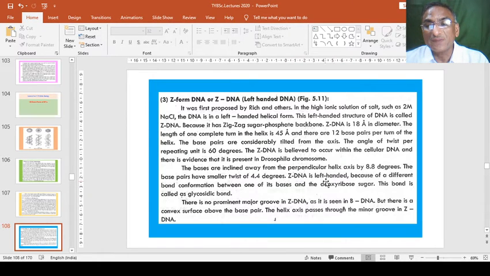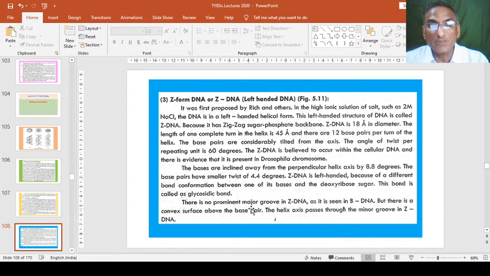Z-DNA is left-handed because of a different bond conformation between one of its bases and the deoxyribose sugar. This bond is called the glycosidic bond.